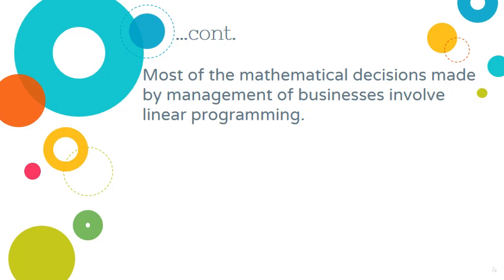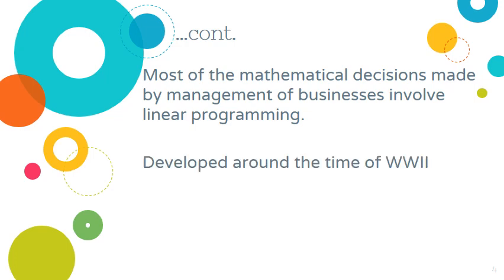So a lot of different elements come into play, but we can summarize it down to basic linear programming. It developed around the time of World War II. When we talk about rationing supplies, we have to consider population and how much per group of people. All of that can be summarized down into a linear equation or systems of equations.